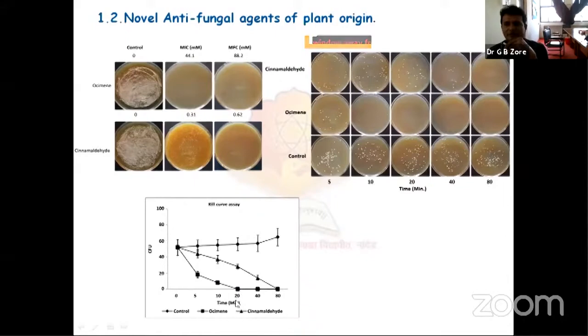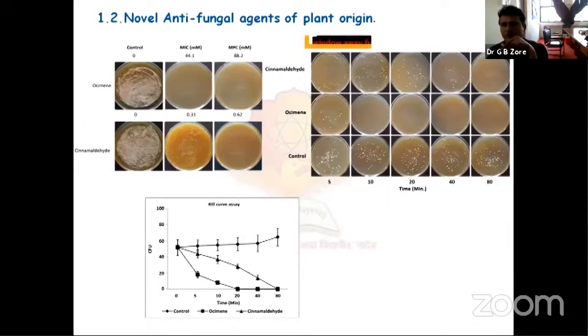we determine the effect of these molecules against biofilm growth. You can see different concentrations and the growth of that biofilm at 24 hours and 48 hours.